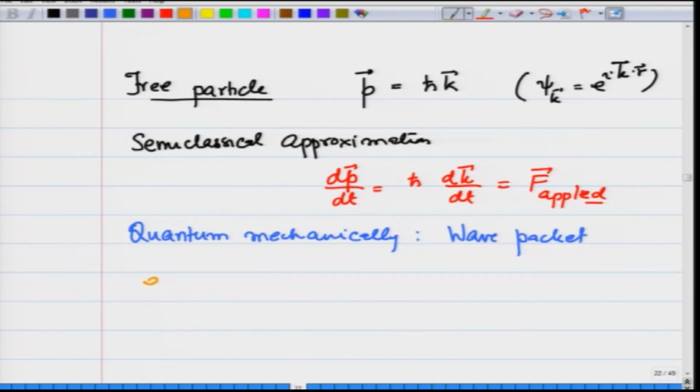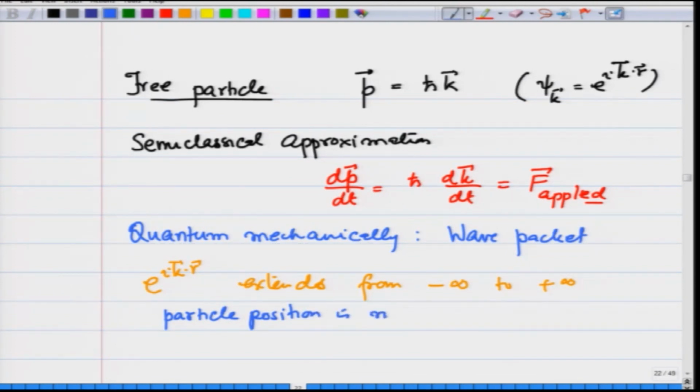Because the plane wave e raised to i k dot r is extending from minus infinity to plus infinity, and therefore, for the plane wave, the particle position is not well defined, and what is well defined is the momentum h cross k.